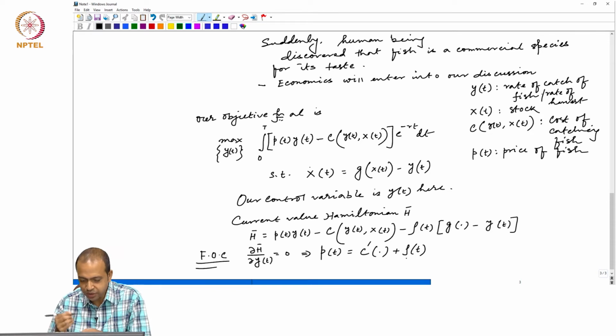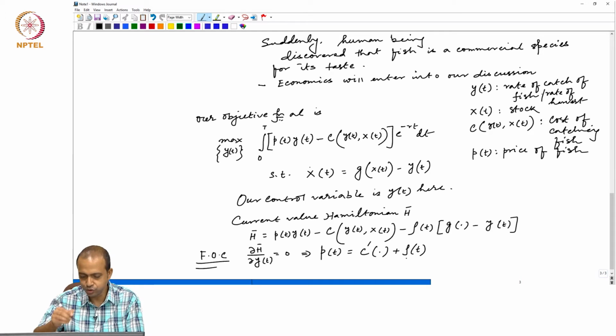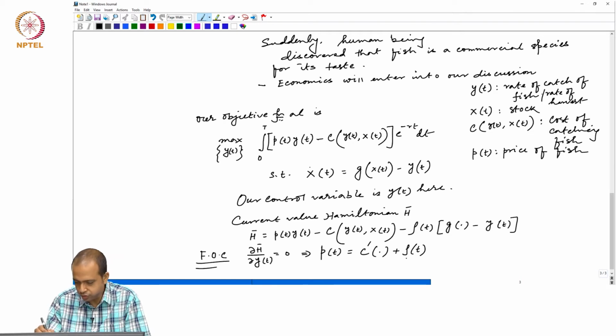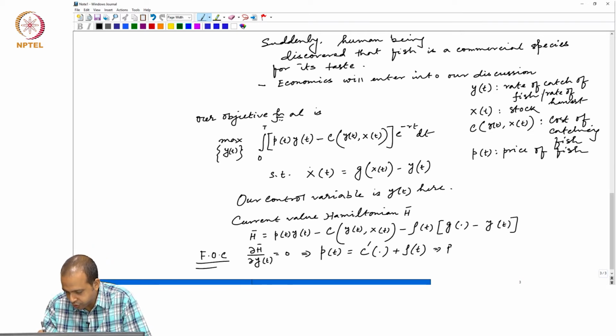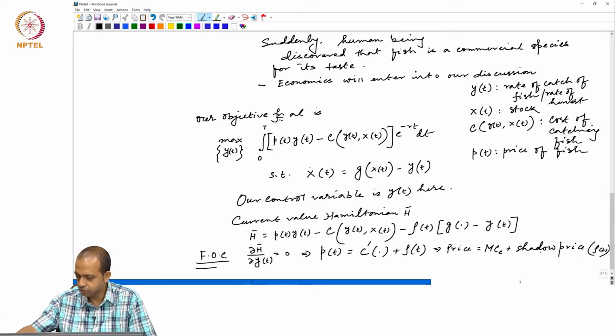So, that means price should be equal to marginal cost of extraction plus the shadow price, which is rho t, similar to our previous case. So, this condition is similar to our non-renewable resource also.